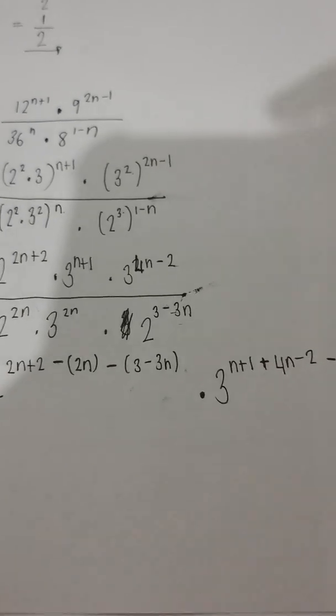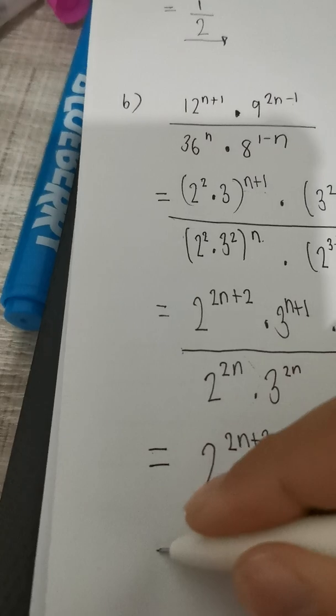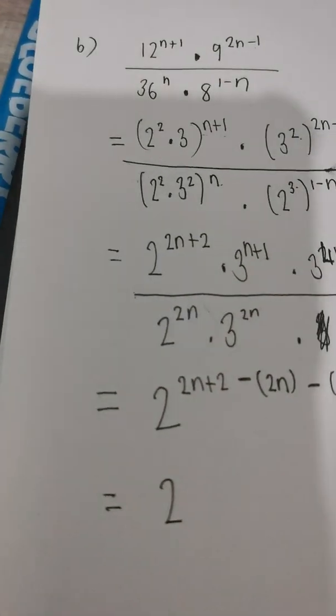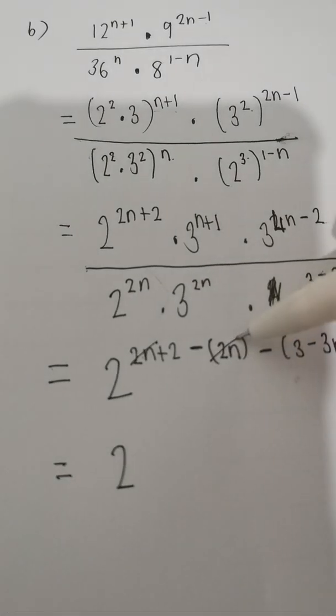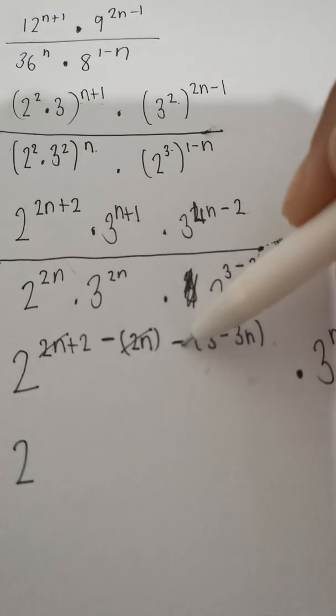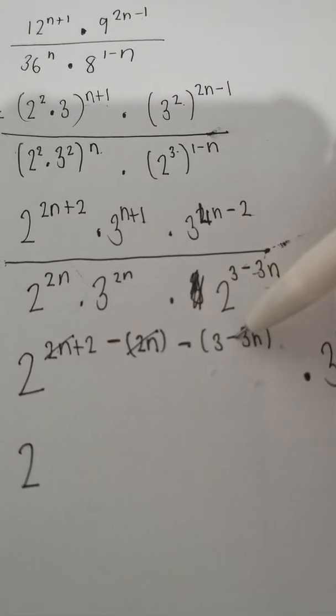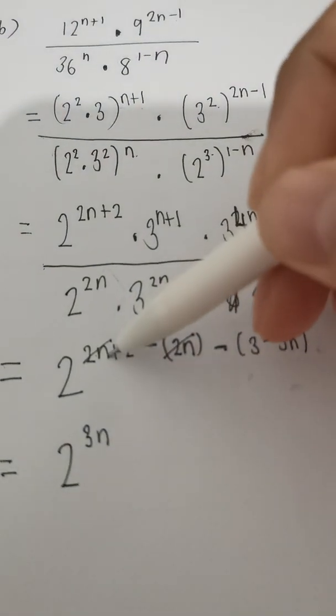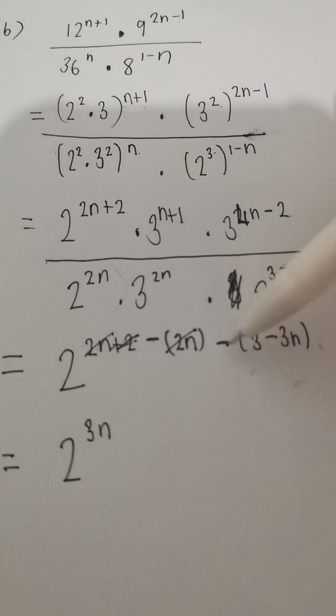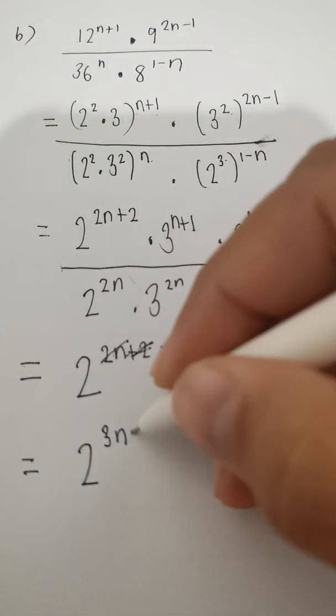Okay, now we're going to add and subtract like terms. So I have got 2n minus this 2n, it's gone. Minus, and a minus gives me a plus, so I've got 3n. Then I got 2 minus 3 giving me negative 1.